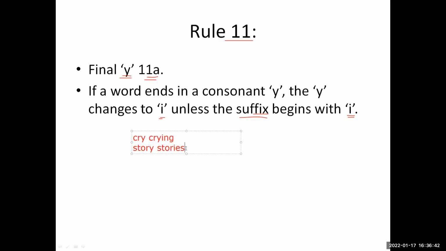Cry and try are the same. We need more examples, we will find more examples for this. So here it is cry, and it begins with ing, but it will not change. It remains as it is, cry. It is not cring. But in the case of stories, you will come to know the Y is removed and it is IES.